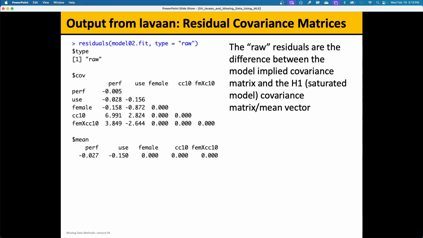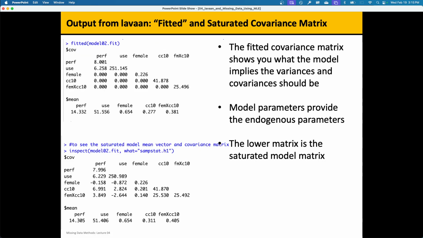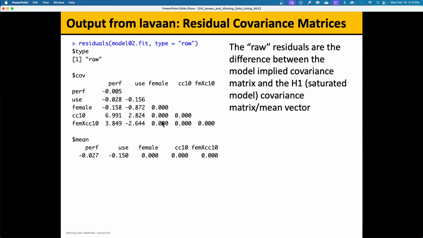So if we take the difference between what the full estimated matrix is, and what our model says it should be, we end up getting something called the raw residuals. I hate that term, but there you have it. Just straight residuals. And those residual values tell you how far off you are for different parts, which will indicate to you where you need to adapt your model to make it fit better.